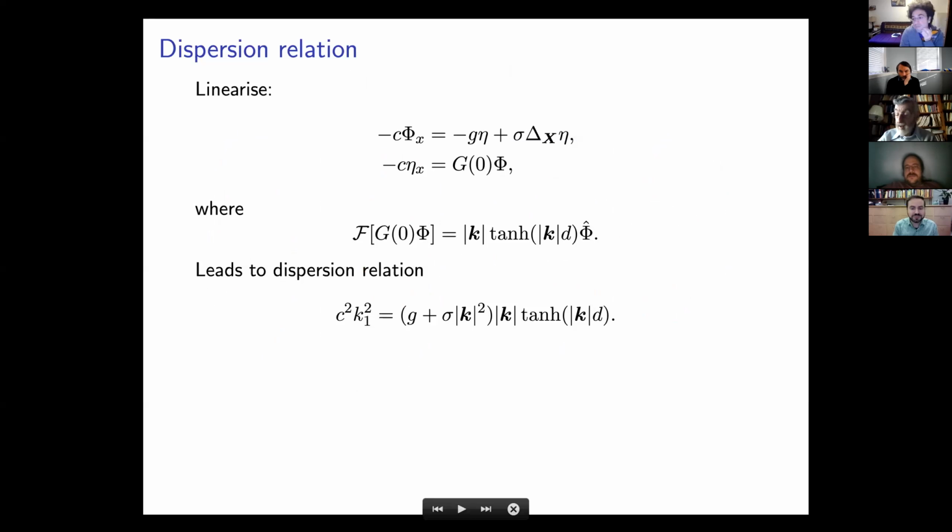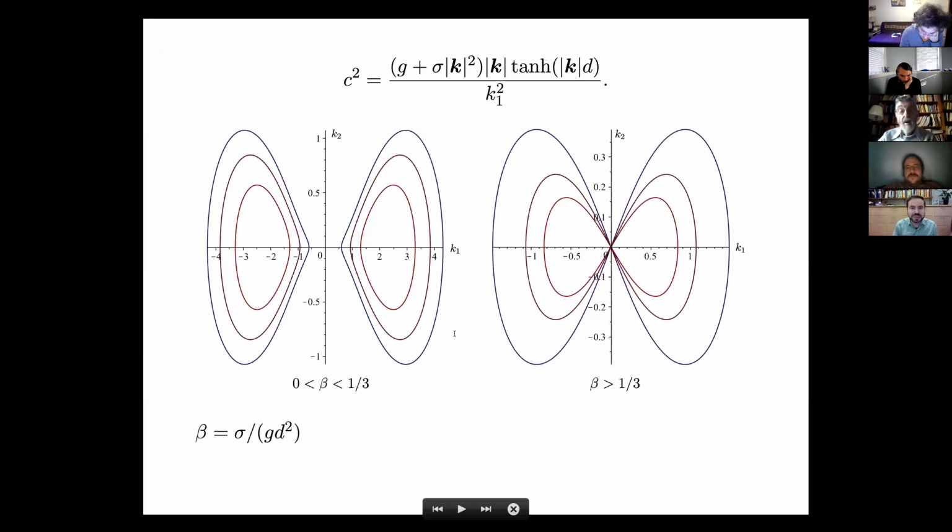Okay, so to understand this dispersion relation, I thought maybe it's best to look at contour plots. So there is a problem here. If you express c, the wave speed, as a function of the wave vector, then this function has a singularity at the origin, because here you're dividing by k1 squared.